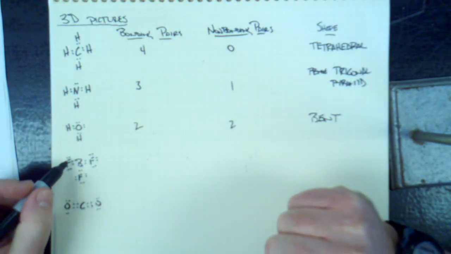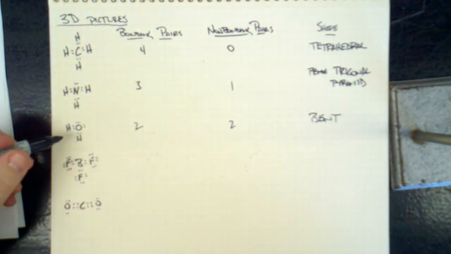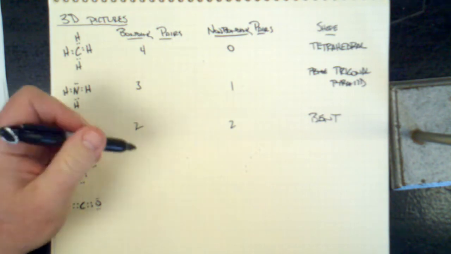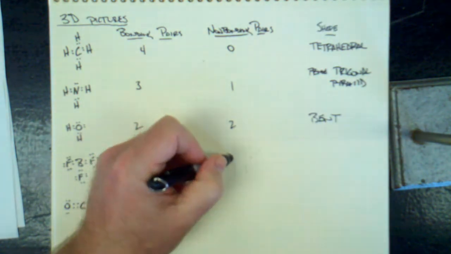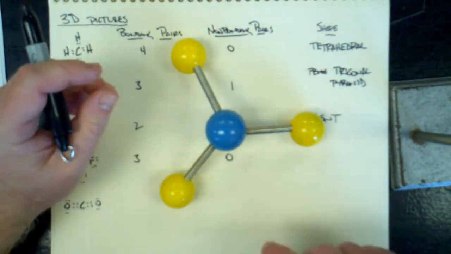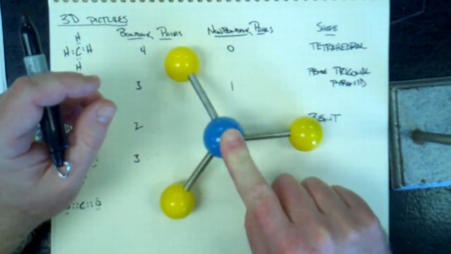Third one. Here we have bonding pairs. And we're only concerned about the bonding pairs and the non-bonding pairs around the central atom. So here I have 3 bonding pairs and no non-bonding pairs. And what that gives me is a trigonal planar molecule.